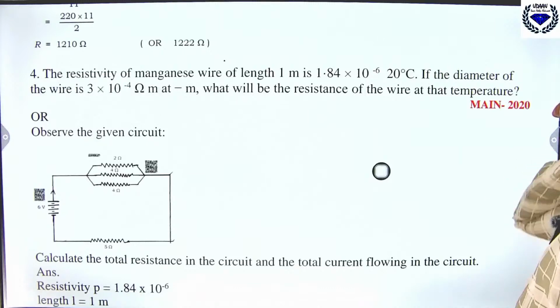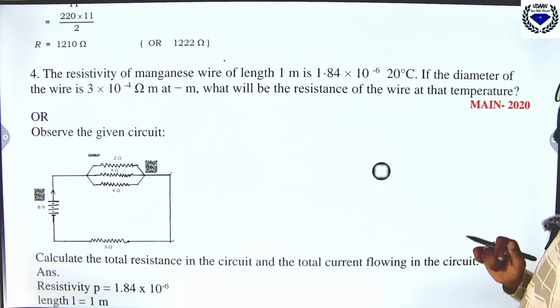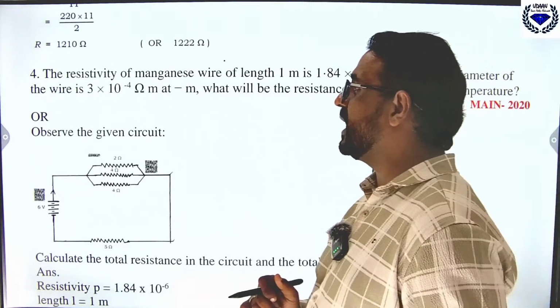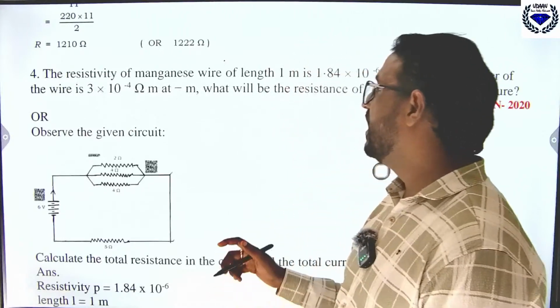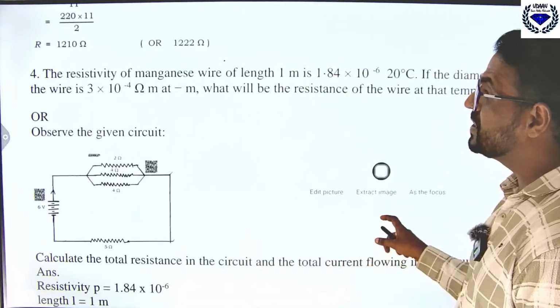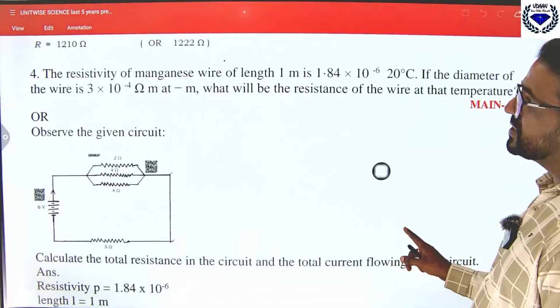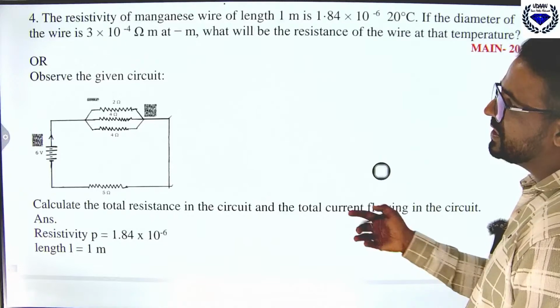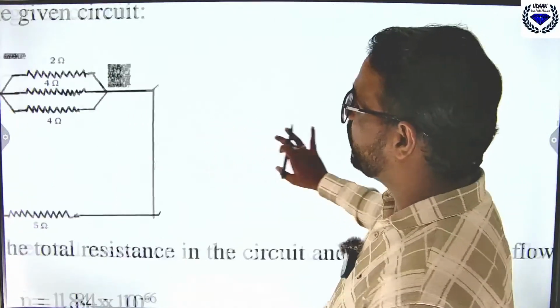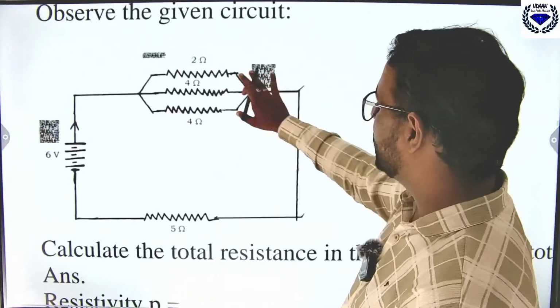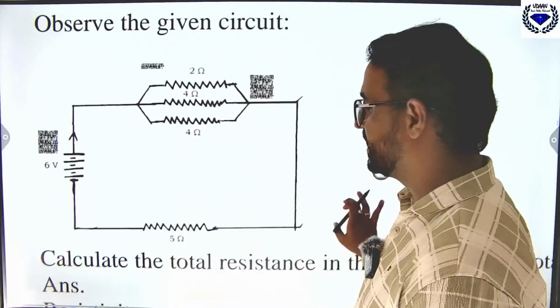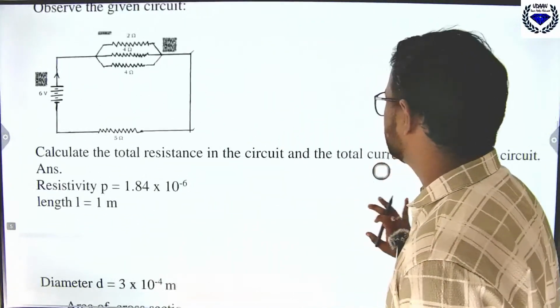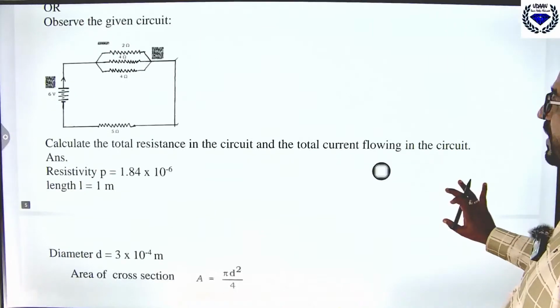to minus 6 ohm meter at 20 degrees Celsius. If the diameter of the wire is 3 into 10 raised to minus 4 meter, okay, it is diameter that is given. What will be the resistance of the wire at that temperature? Observe the circuit and you should find the total resistance. This one will be easy. Calculate the total resistance in the circuit and the total current flowing through it.